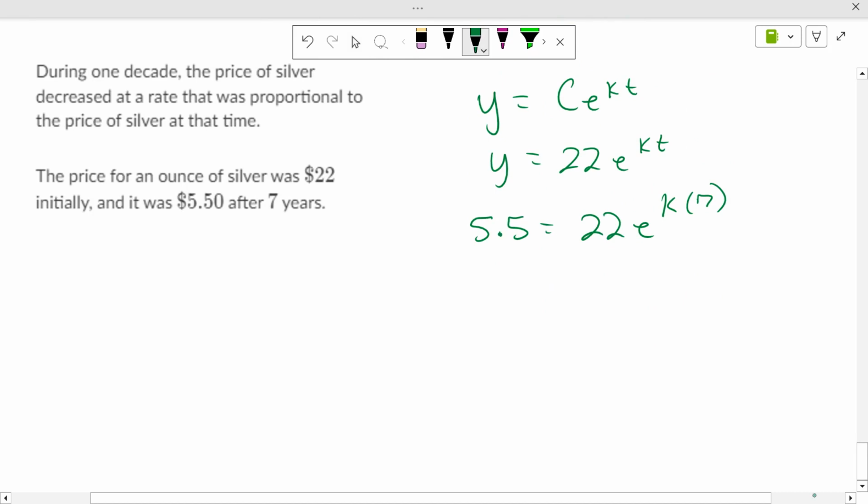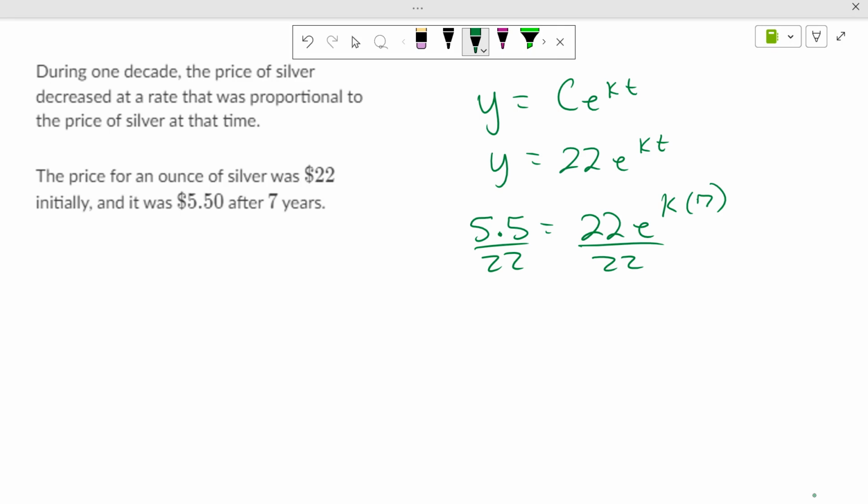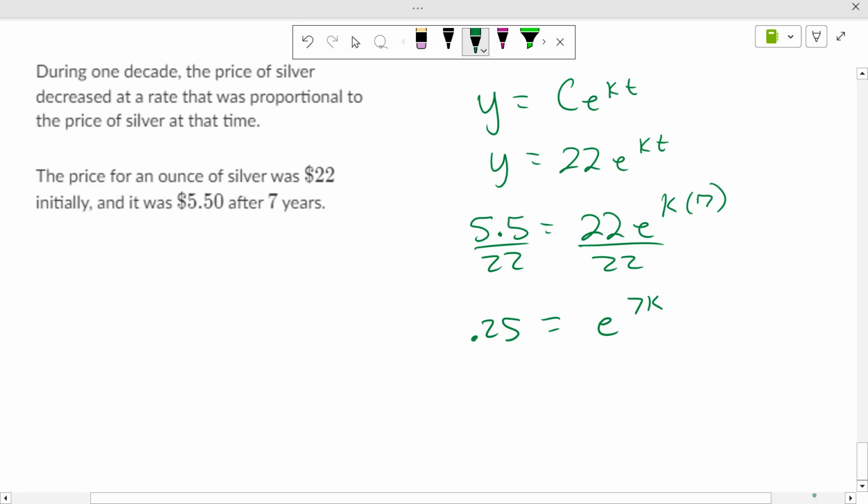But, all right. So if we finish this, divide by 22. What's 5.5 divided by 22? It actually works out to be a not horrible number. 0.25. Okay? And then what do we do to each side? ln both sides.